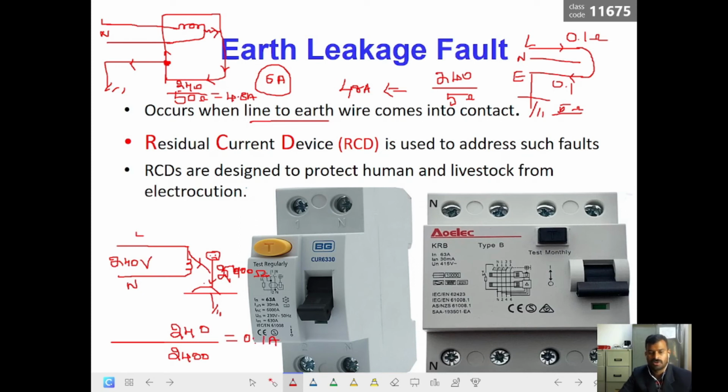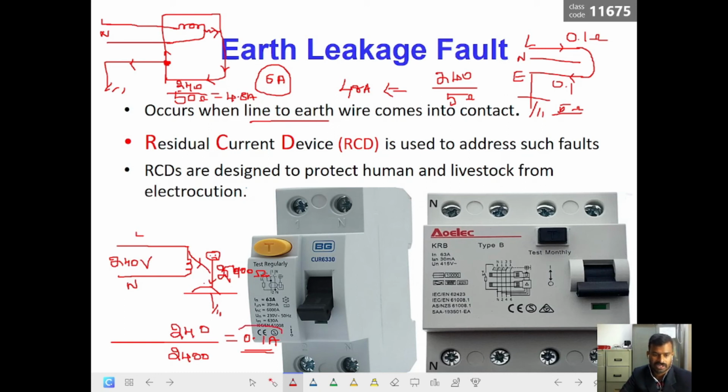This 0.1 amperes is very little current. The MCB cannot detect this 0.1 amperes of leakage current, but if this current flowing through the human body sustains for a certain duration, surely it will have a major implication on that person.